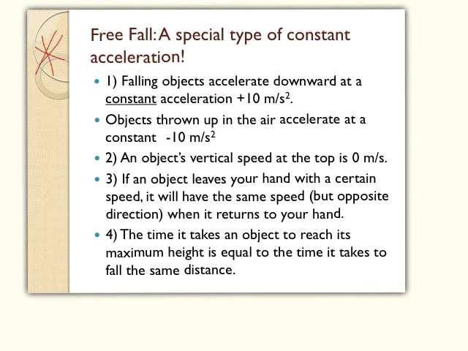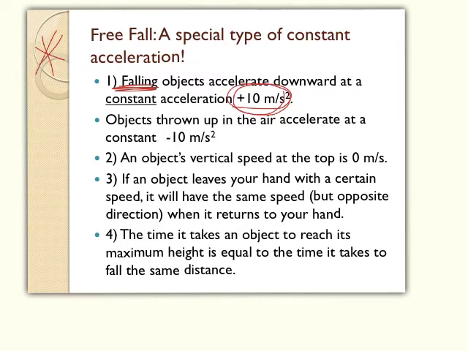So, we've talked about acceleration, positive being it's speeding you up, negative being it's slowing you down. Gravity can do both, depending on the situation. If you are falling, gravity makes you go faster. So anytime the problem is referring to something that is falling, use positive 10 meters per second squared.